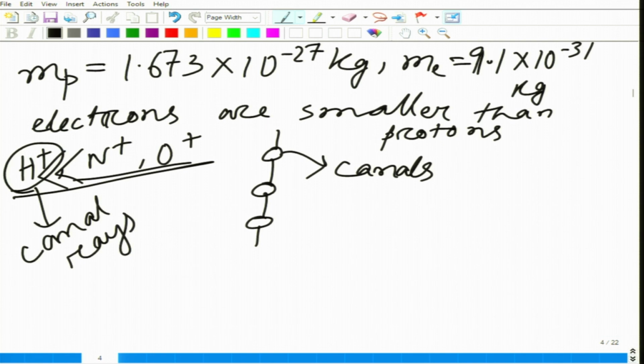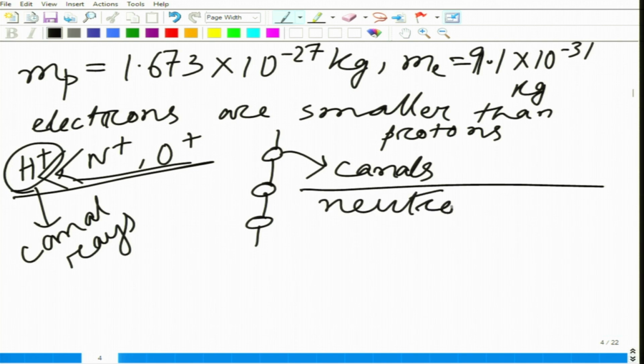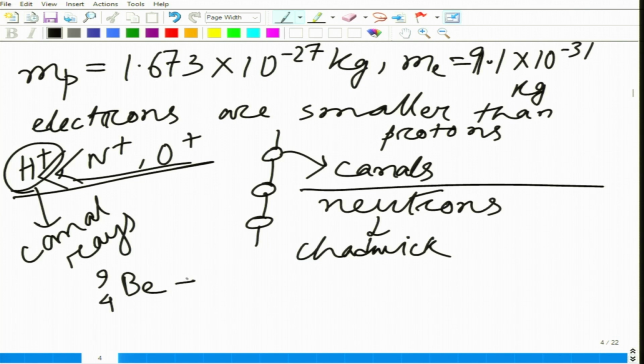Okay. So, this was about electron and proton. How were neutrons discovered? Neutrons were discovered by Chadwick by bombarding beryllium sheets with alpha particles.